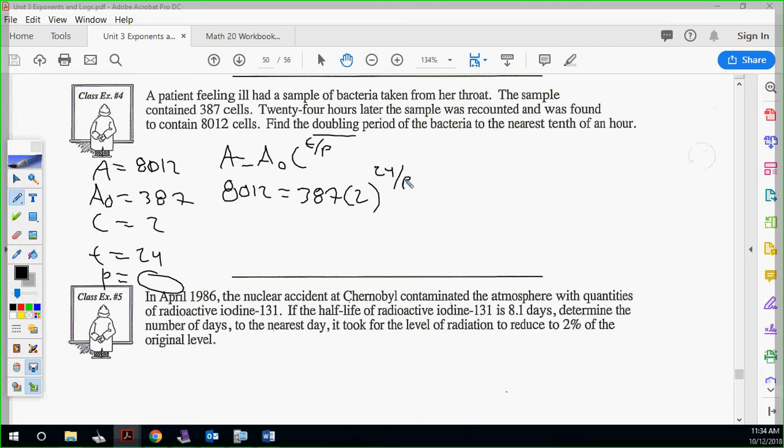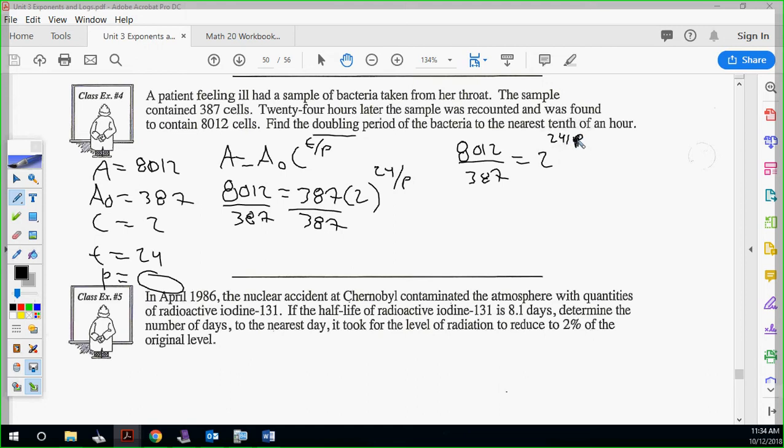So that's how we plug everything in, and we're solving for P. The formula is time over P. Now we're going to do our normal stuff. We're going to divide by 387. We'll leave that as is because it's going to be a decimal. But remember, that means we have 2 to the 24 over P.